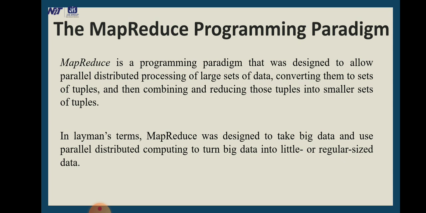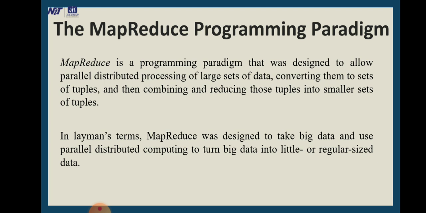Since cloud computing works with a voluminous amount of data, the MapReduce paradigm is helpful when compared with Hadoop. In layman's terms, MapReduce was designed to take big data and use parallel distributed computing to turn big data into regular sized data.